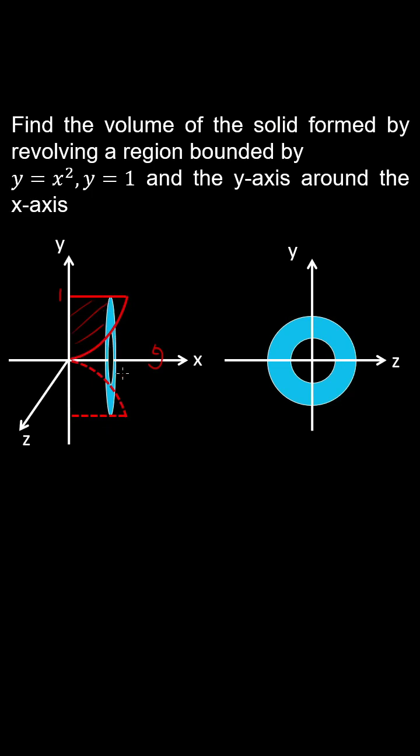So the area of the outer washer, which can be visualized in the YZ plane, is pi multiplied by the radius squared, and then minus the area of the inner washer, which is pi multiplied by y squared, and we assign the washer a thickness in the x direction of dx, which gives the volume of that washer, and then we integrate from x equals 0 to x equals 1 according to this equation, and that gives the volume of the solid.